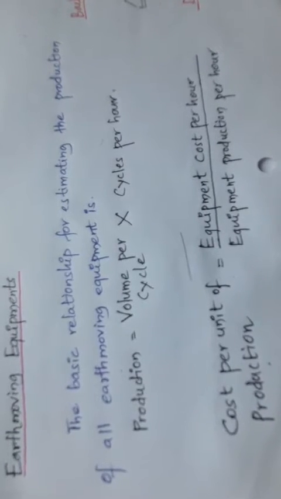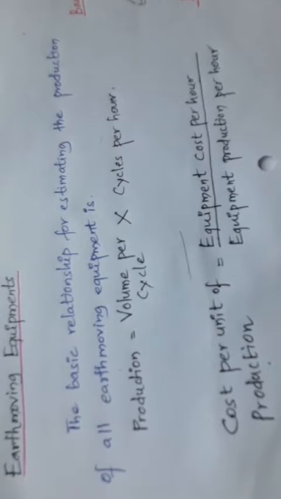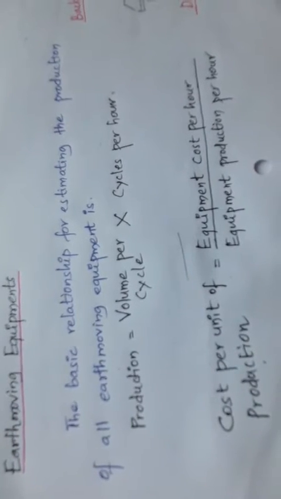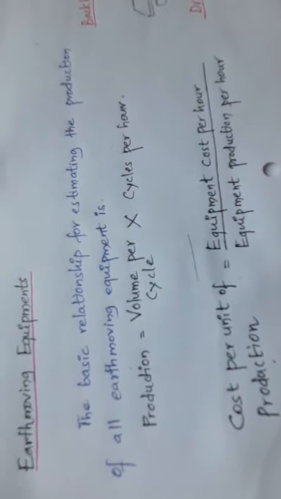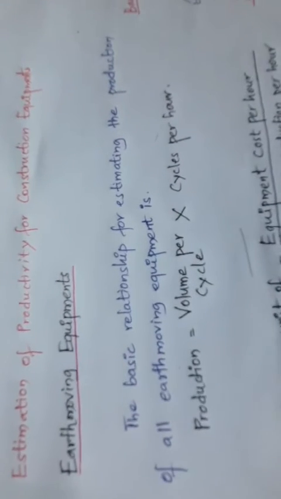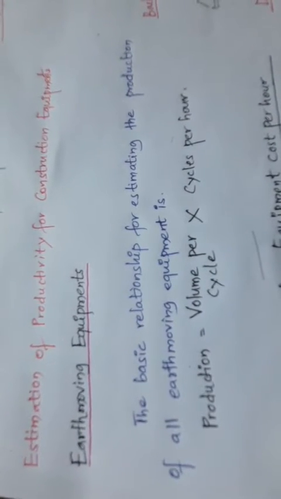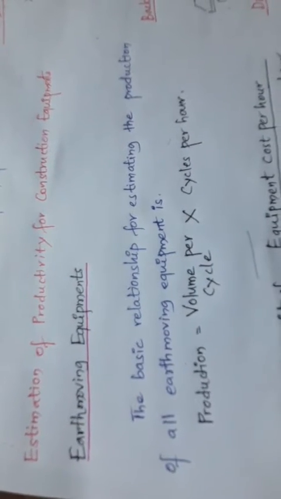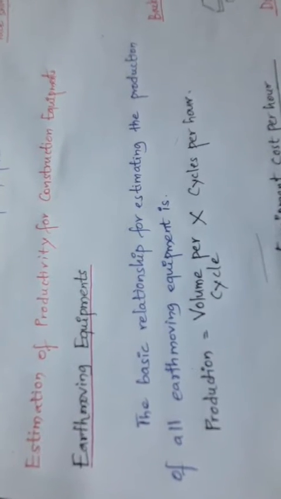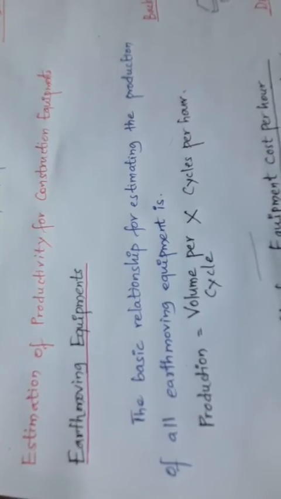So, before preparing the estimate, choose the best method of operation and the type of equipment you require. Each piece of equipment is specially designed to perform certain mechanical tasks. Therefore, equipment selection based on efficient operation and availability has to be done.